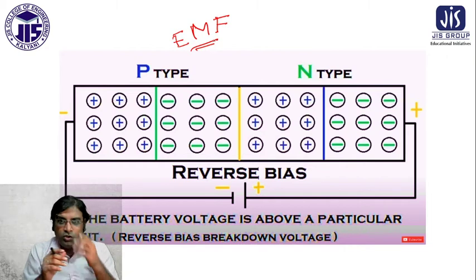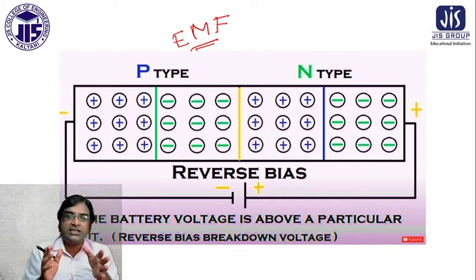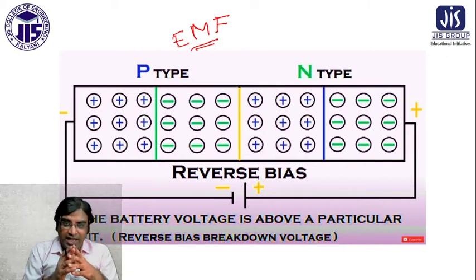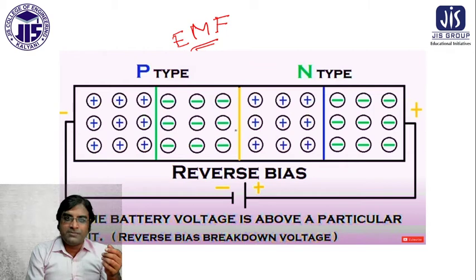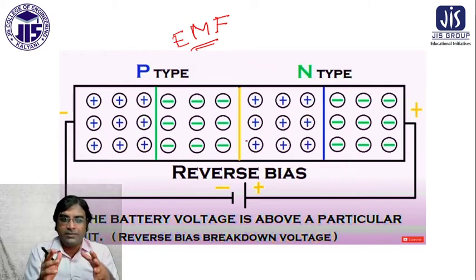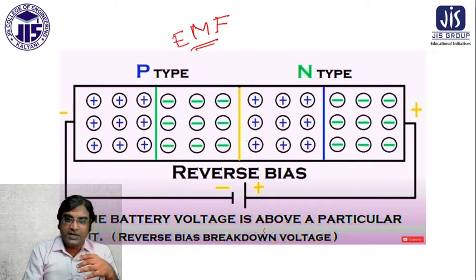So if this voltage is much higher, if the battery voltage is above a particular limit, greater than the reverse bias breakdown voltage, then what happens?